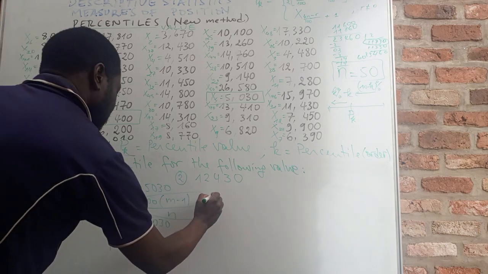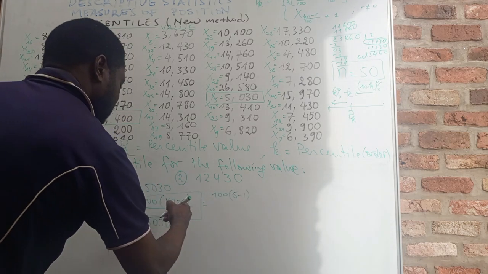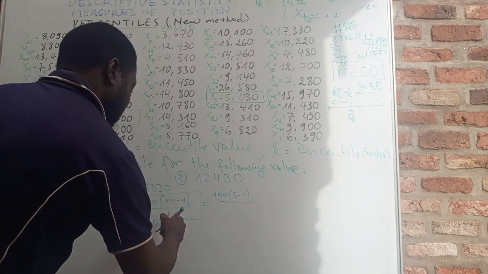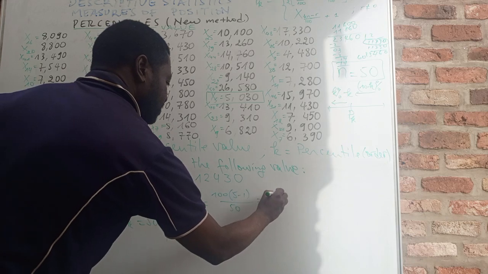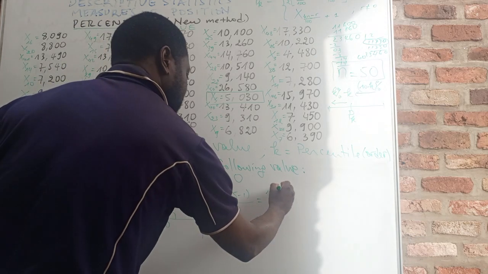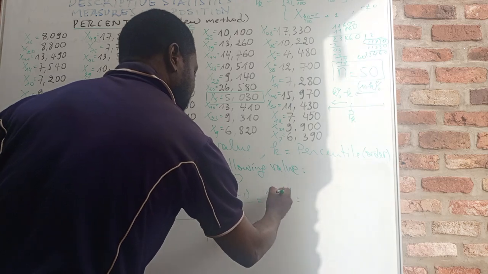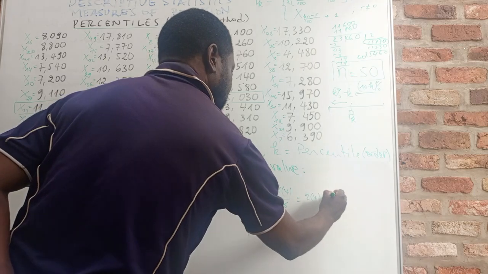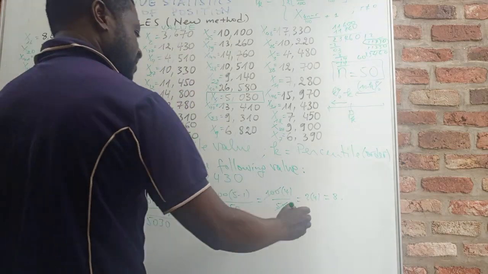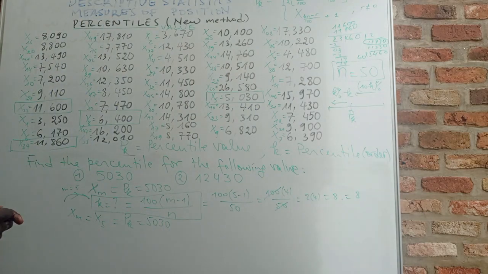So here we calculate 100 times (5 minus 1) divided by n, where n is equal to 50. So we find 100 times 4 divided by 50, which is 2 times 4, which is 8. So this is equal to 8, the percentile.